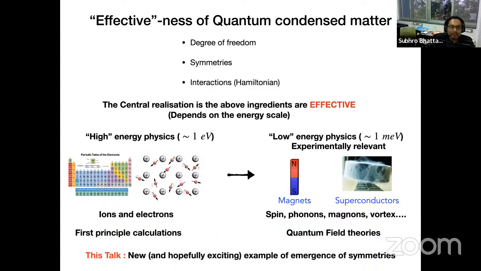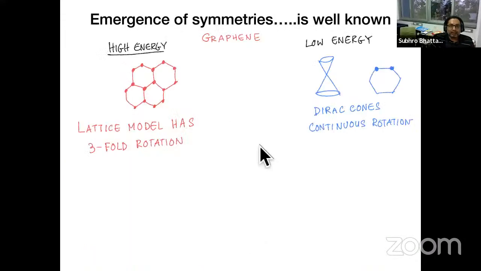And in this talk, what I'll try to point out are new and hopefully exciting examples of emergence of symmetries and their consequences, happening in a class of spin-orbit coupled 2D systems. This emergence of symmetries is of course well known.